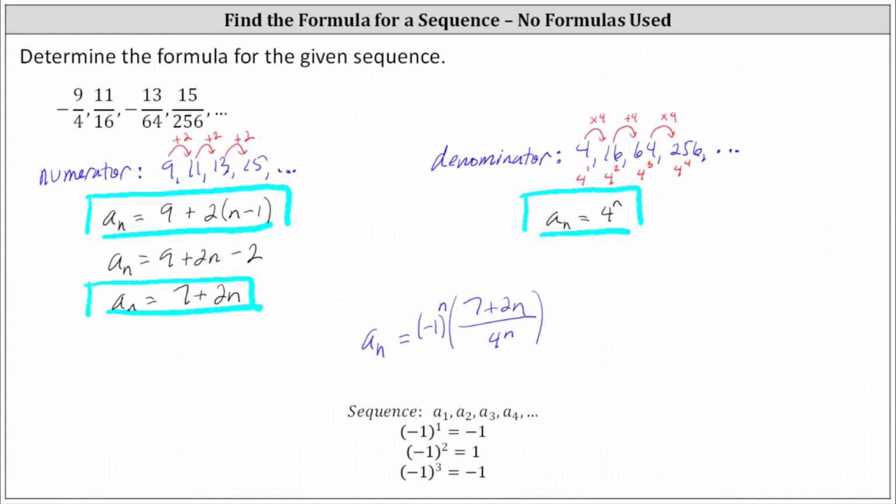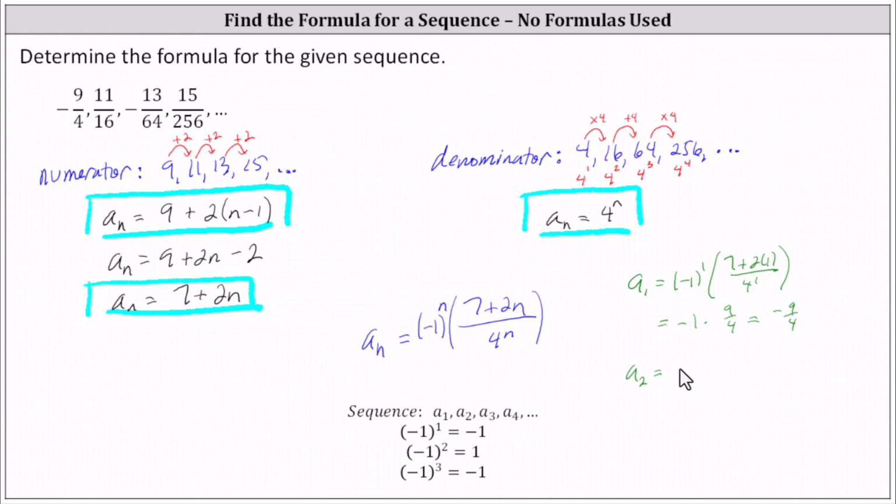So this is the correct formula, but let's go ahead and check a couple terms. For a sub 1, we have negative 1 to the power of 1 times 7 plus 2 times 1 divided by the quantity 4 to the power of 1, which gives us negative 1 times 9/4, which is negative 9/4. Let's check a sub 2.